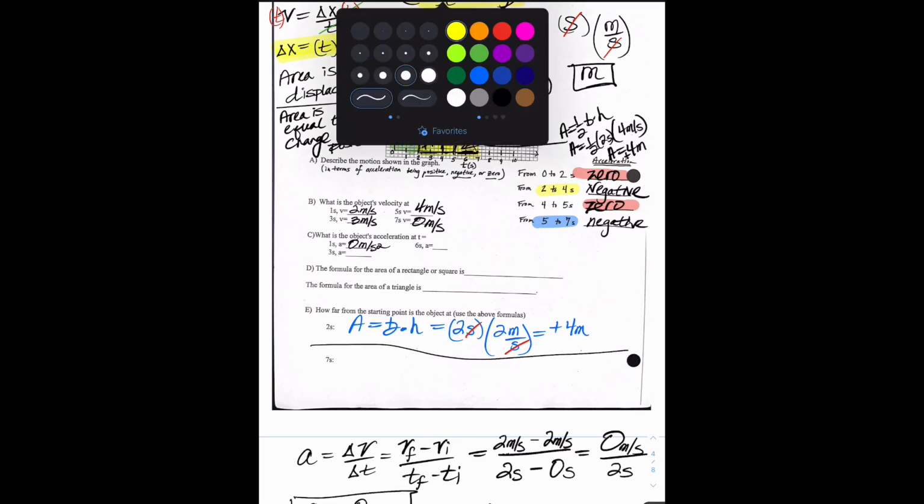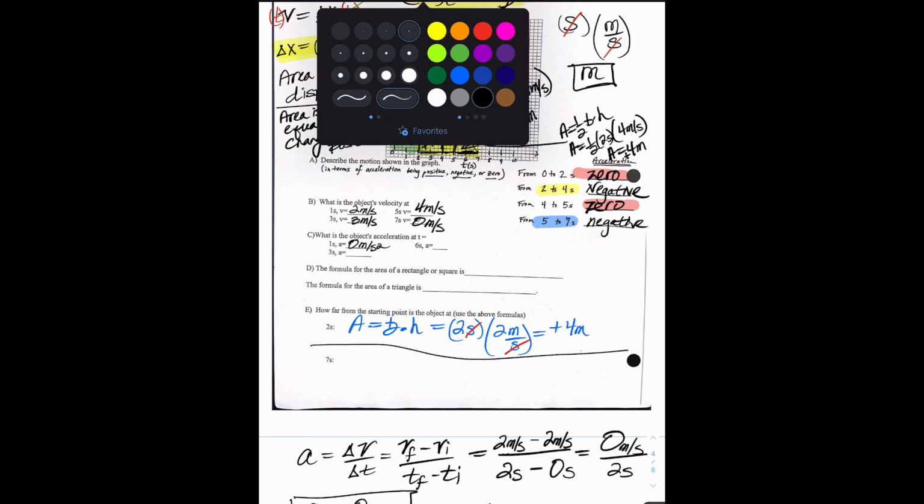All right, so what we have here for this area, let's count it out. Let me go back to the really bright blue.